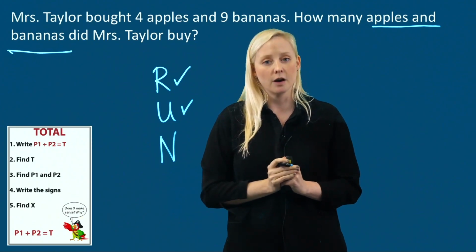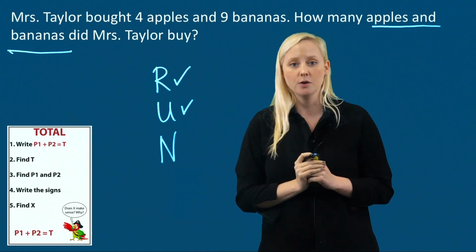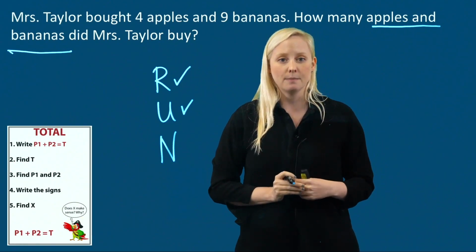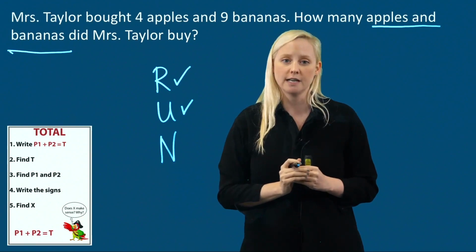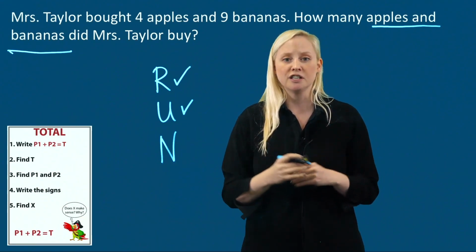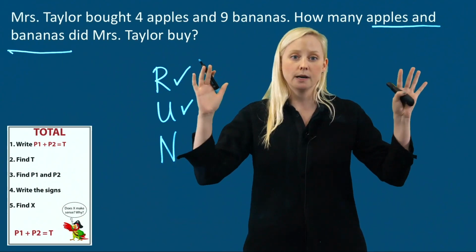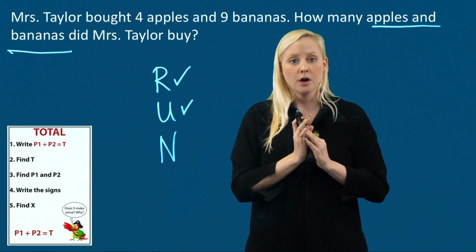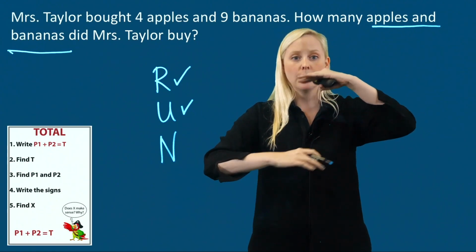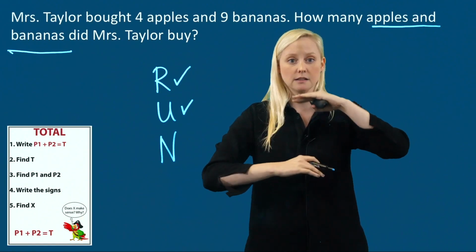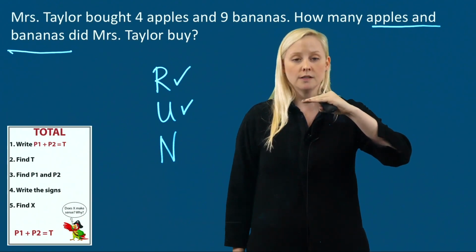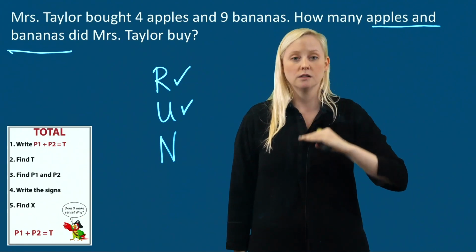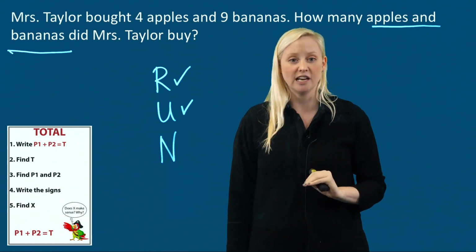The N in RUN, which is our attack strategy for every word problem, stands for name the problem type. We have 4 different types of problems. We teach students to ask themselves, are we putting parts together for a total, like in a total problem? Are we comparing 2 amounts for a difference, like in a difference problem? Do we have a start amount that increases or decreases to a new amount, like in a change problem?